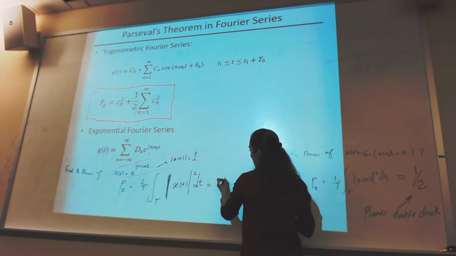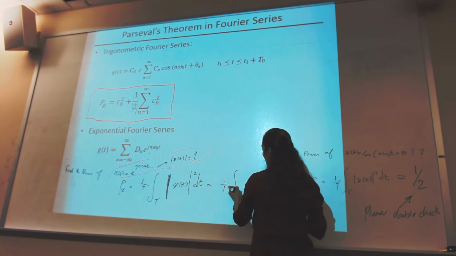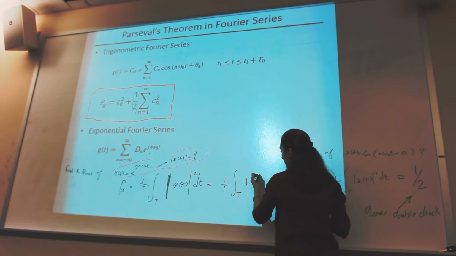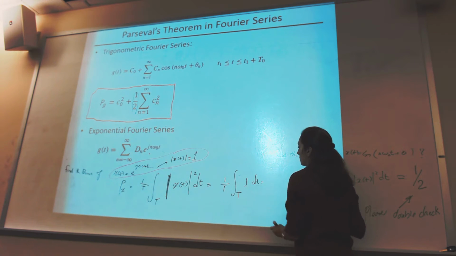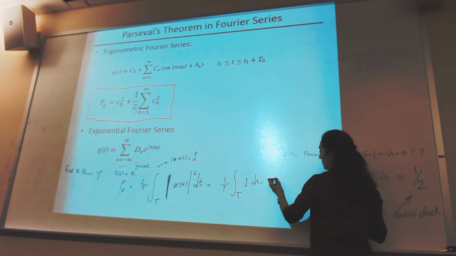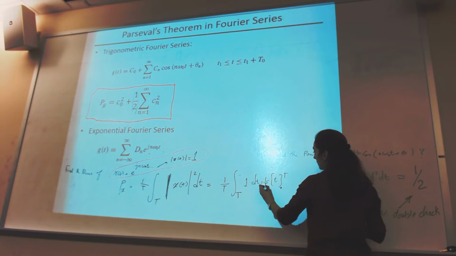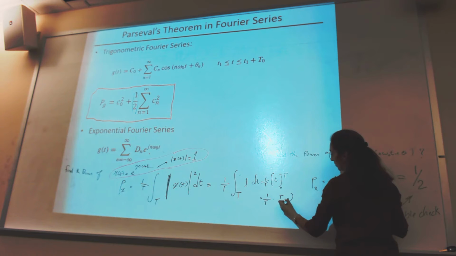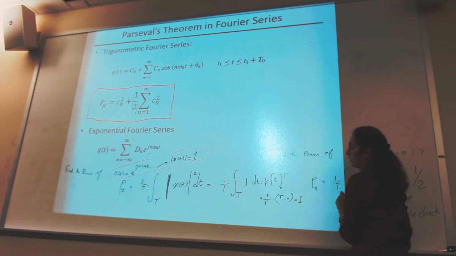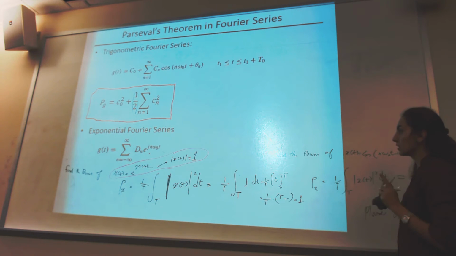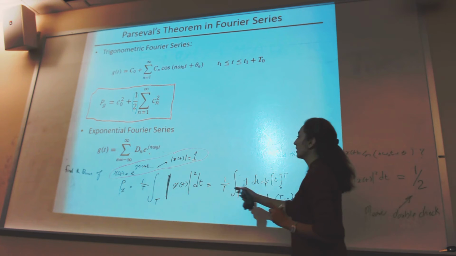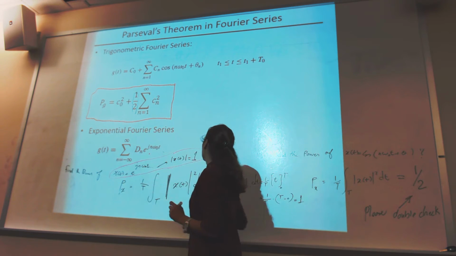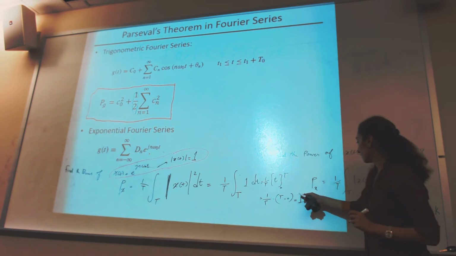So it makes it very easy, right? 1 over T, the integral over 1 period of 1 dt. This is going to be from, let's say, 0 to T, and then 1 over T times T minus 0, which equals 1. So the exponential signal has power equal to 1.